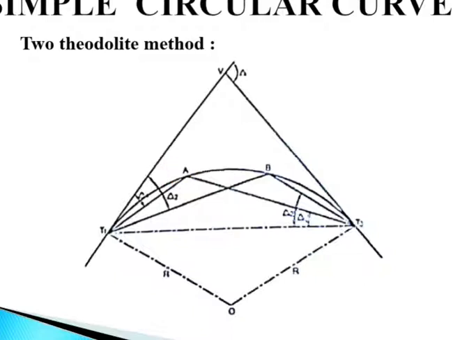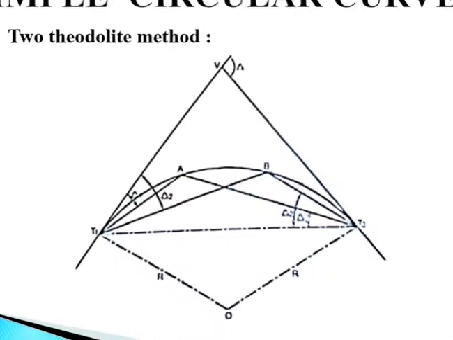So move a ranging rod or an arrow in such a way that it is bisected simultaneously by the crosshair of both the instruments, and thus point A is fixed.